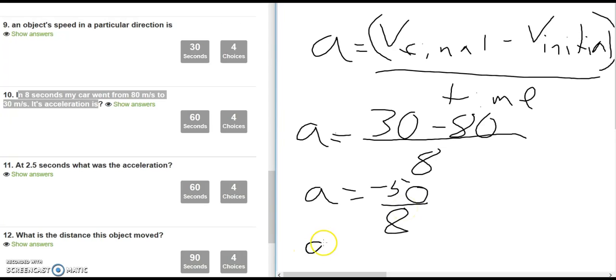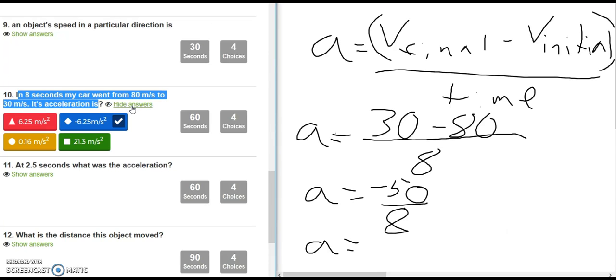Well, that means my acceleration is going to be negative, correct? Well, I'm going to do the math real quick, or I could do this. I know it's going to be negative. My answer is going to be 6.25. Excuse me. 6.25 meters per... Oh, I moved myself.